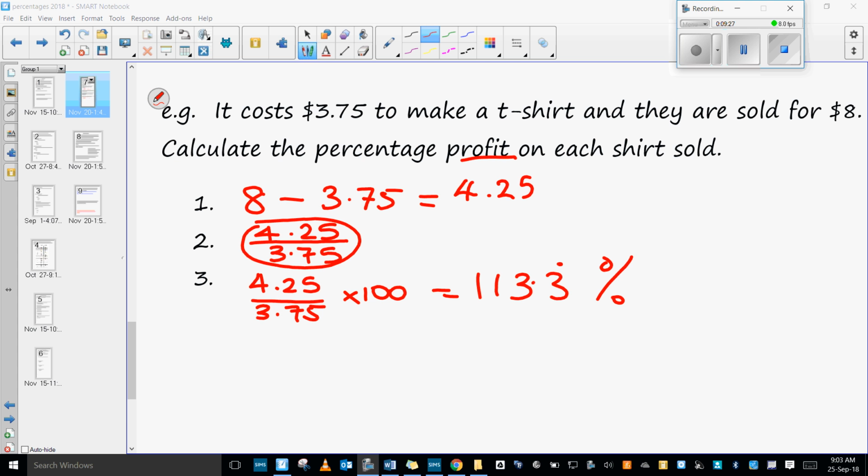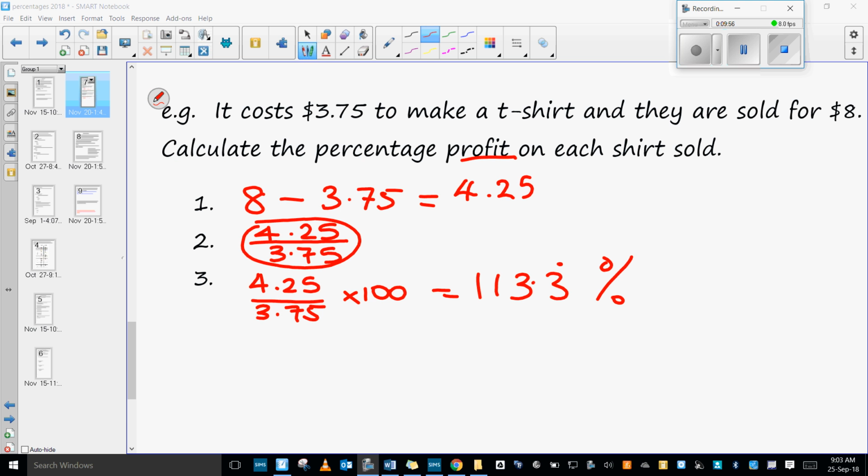Now, this is a business I want to be a part of because it's only costing me $3.75 to make a t-shirt and I'm selling it for $8. So I've made more than 100% profit. So I've doubled my money. That's good. That's good business.